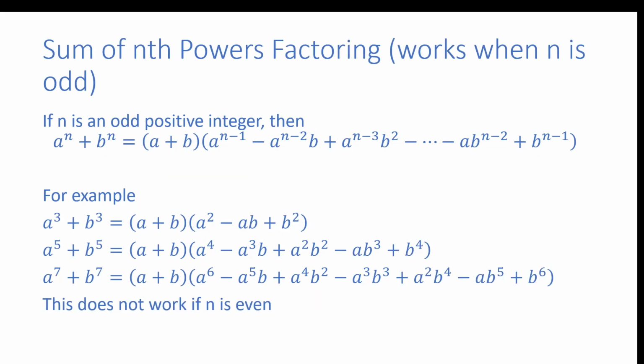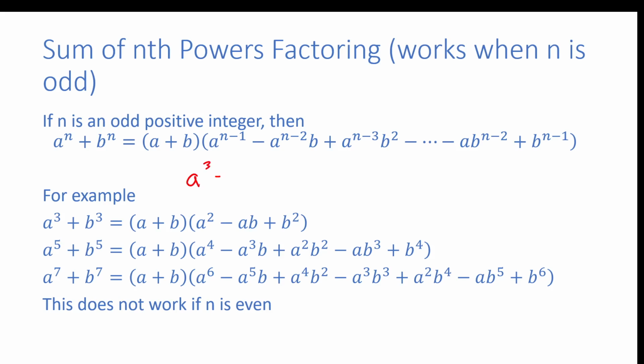Okay? Now, it also works when n is odd, and there's pretty good reason for that, but this works for the sum of nth powers. So the sum of nth powers factoring works when n is an odd positive integer. And it's a very similar formula. One way to remember it is this.